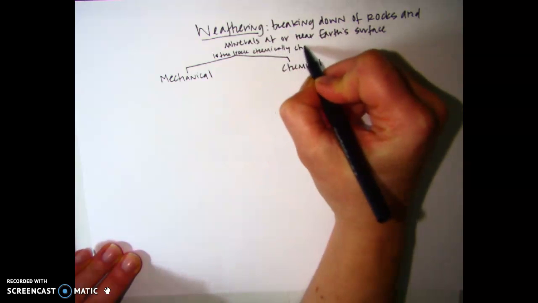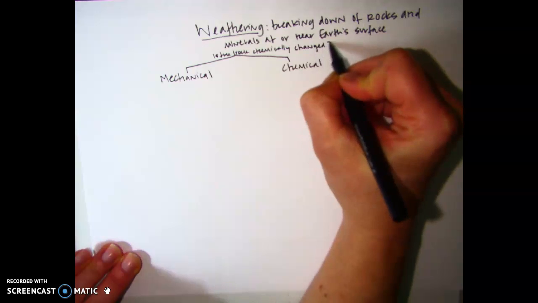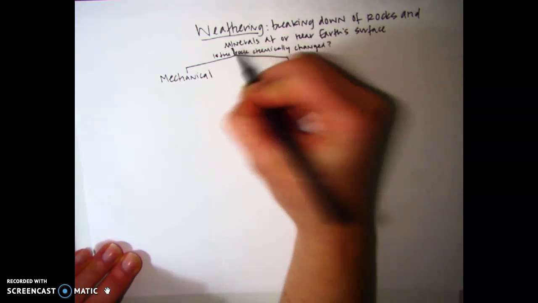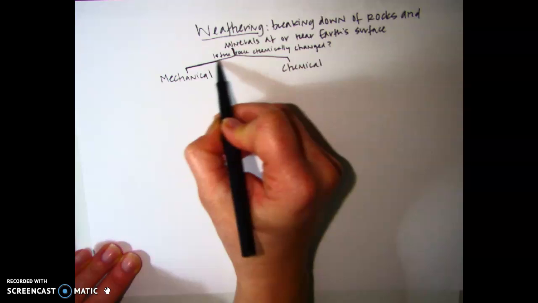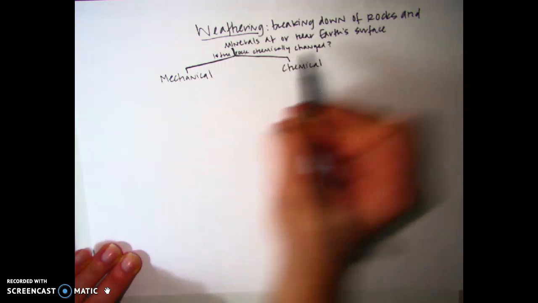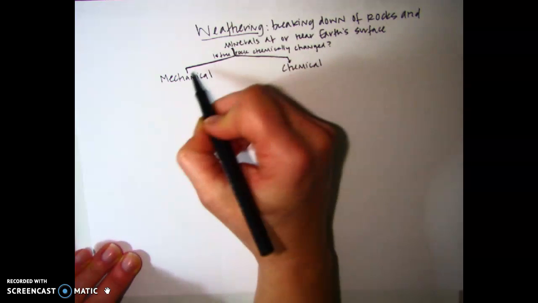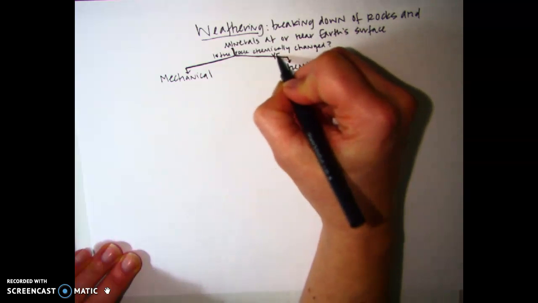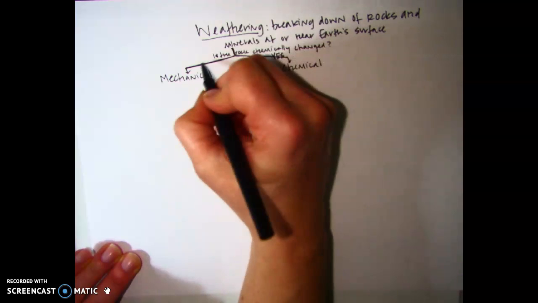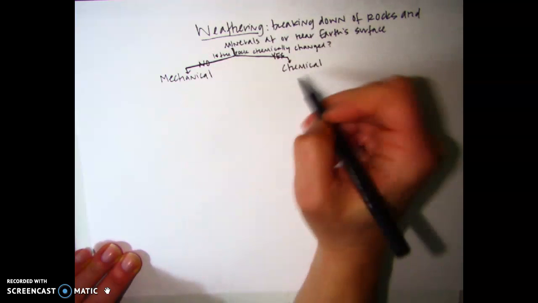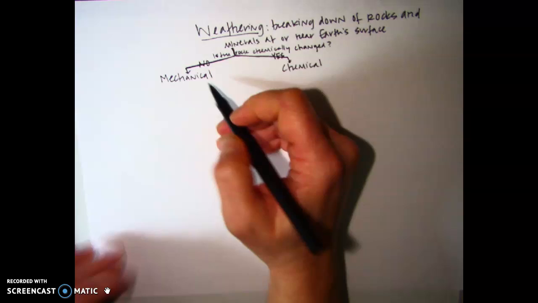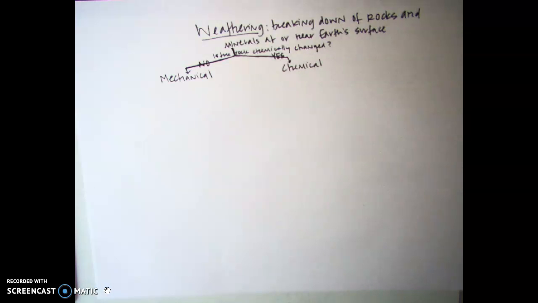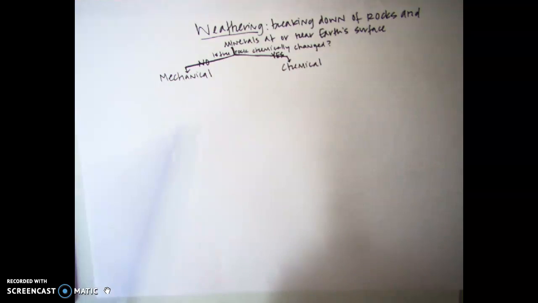In other words, did a chemical reaction take place, which means that you can never get that rock back into its original chemical state? If the answer is yes, then we are talking about chemical weathering. And if the answer is no, then we're talking about mechanical weathering.